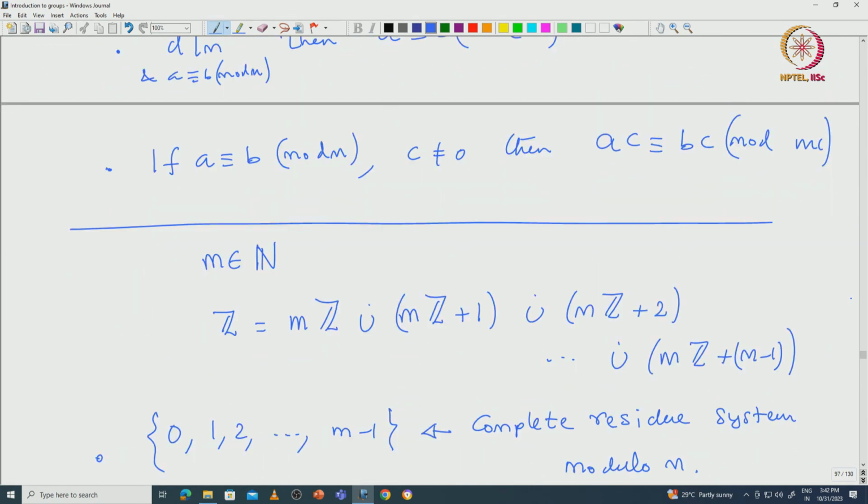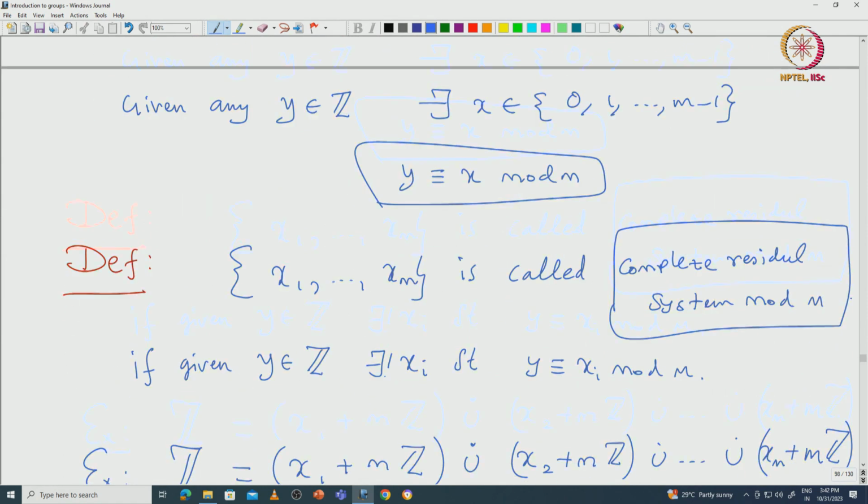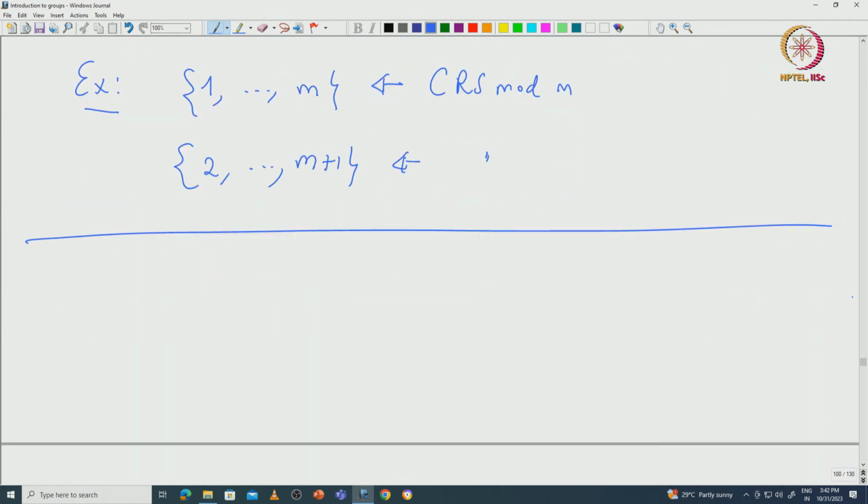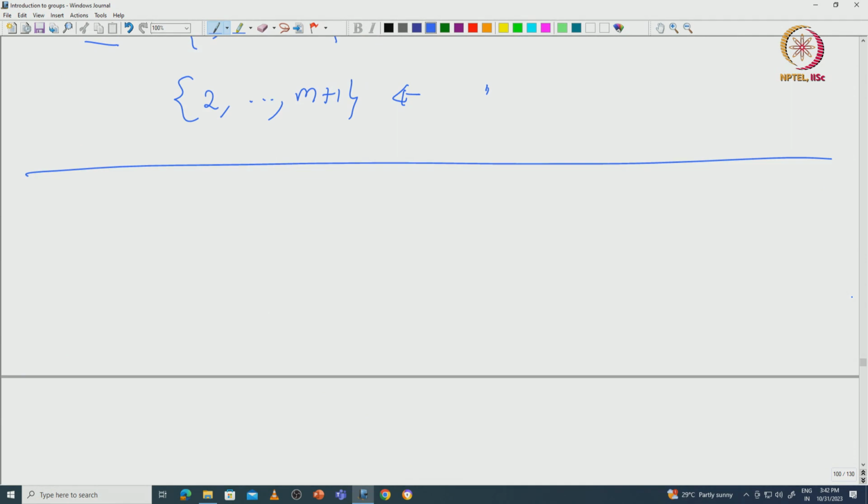First we will define what the residue class or the congruence class is, and then we will see how one can get this decomposition. As before, fix this m, which is a natural number, and let a be an integer. We want to talk about this class of a with respect to m.